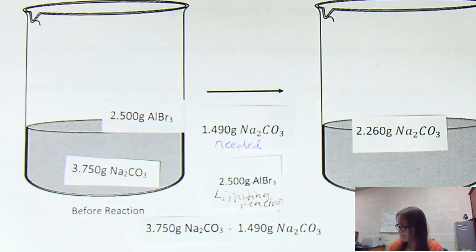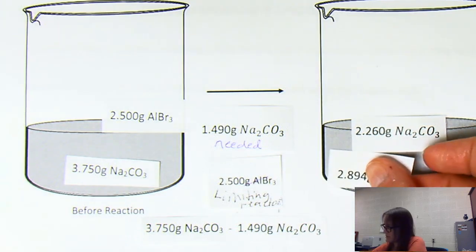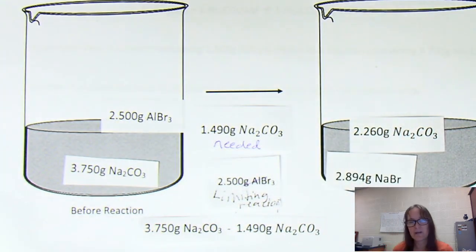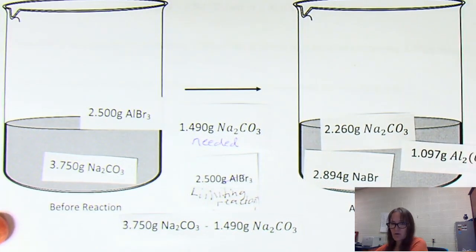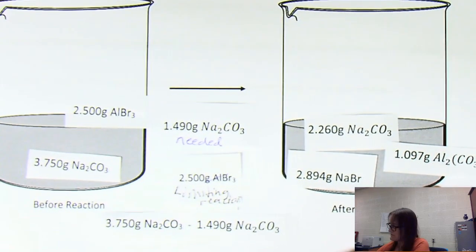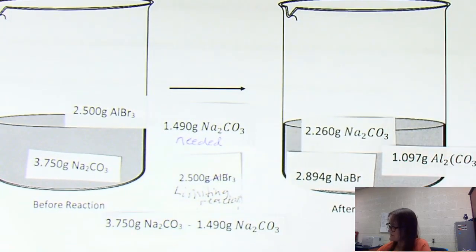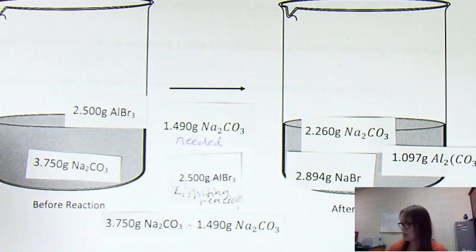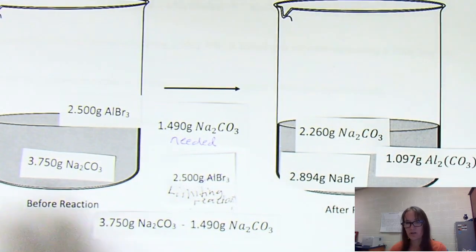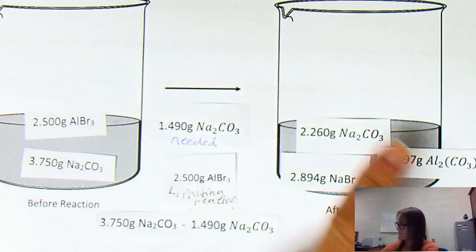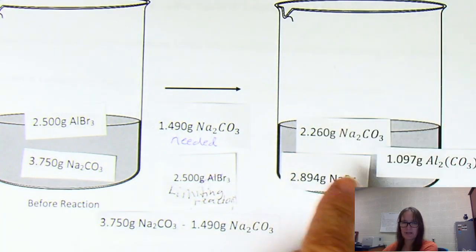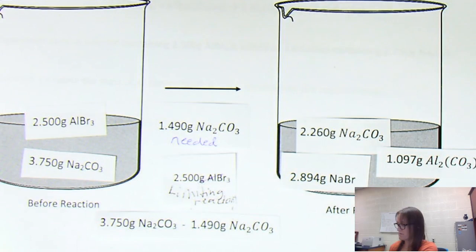We have now calculated that also in that container we should have 2.894 grams of sodium bromide and 1.097 grams of the aluminum carbonate. So this is the before, the mass of the chemicals, and this is the after, the chemicals that remain, and there will be 0 grams of the aluminum bromide because it is all used up, because it's the limiting reactant.